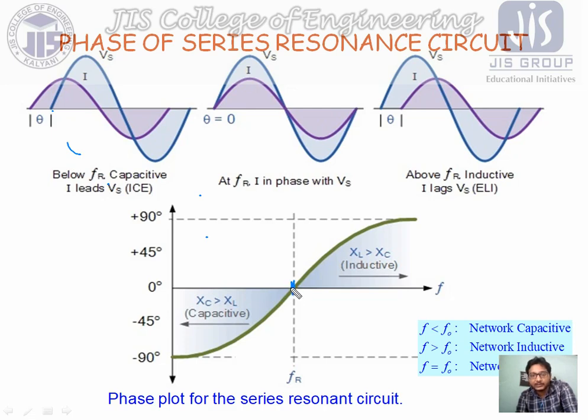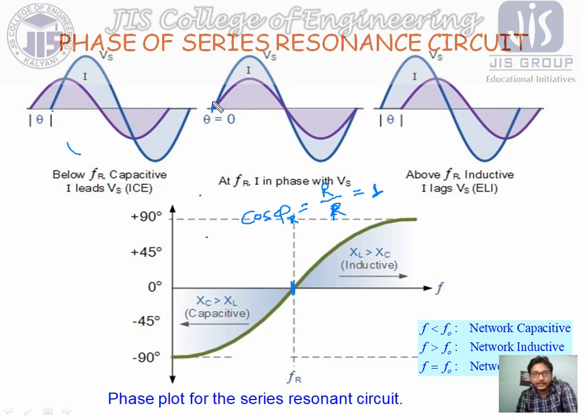We know the power factor is cos phi, and cos phi is equal to R divided by Z. In series resonance condition, Z is equal to R, so cos phi at resonance will be R by R, that will be 1, unity. It means voltage and current will be in the same phase. There will be no phase difference.